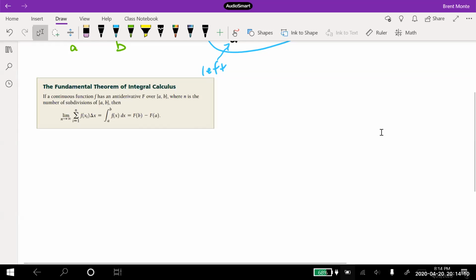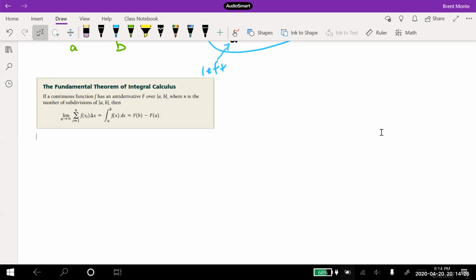I write it a little bit different than they do, but what they're saying is if a continuous function f has an antiderivative capital F over the closed interval a to b, where n is the number of subdivisions of the closed interval a to b.